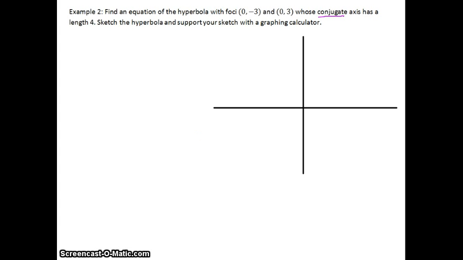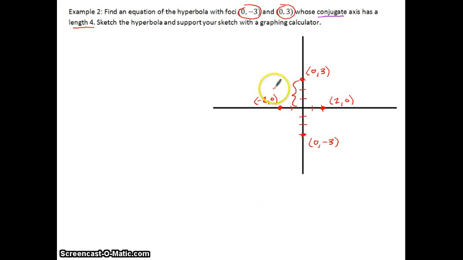Let's go ahead and start off by plotting our focus points and plotting the b values based off a conjugate axis of length 4. Okay, so our focus points are at 0, 3, 0, negative 3. That means that this length here, c, is equal to 3, which means that c squared is equal to 9.